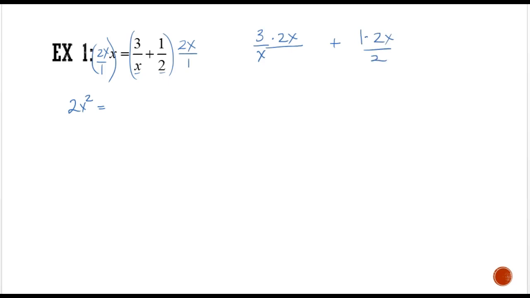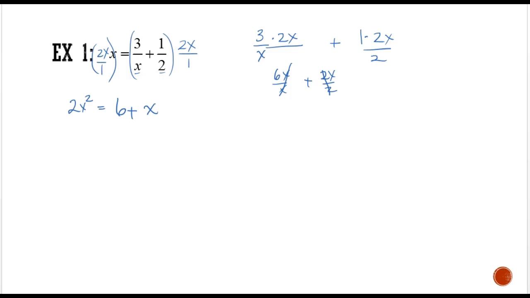All right, so that would be 6x over x plus 2x over 2. But look, those reduce, right? Those x's go away, and that becomes a 6. And the 2's cancel out, so this just becomes plus x. Easy enough. Look, fractions are gone.